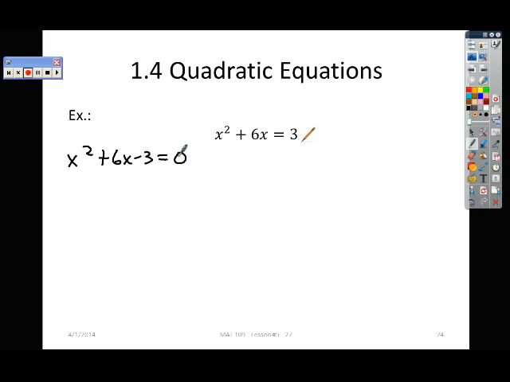Do I need to make certain this is plus 1? The quadratic formula does not require that. This can be whatever number it turns out to be. So in that sense, it's easier than completing the square. It does not require any modifications once it's in standard form. All right, now what?